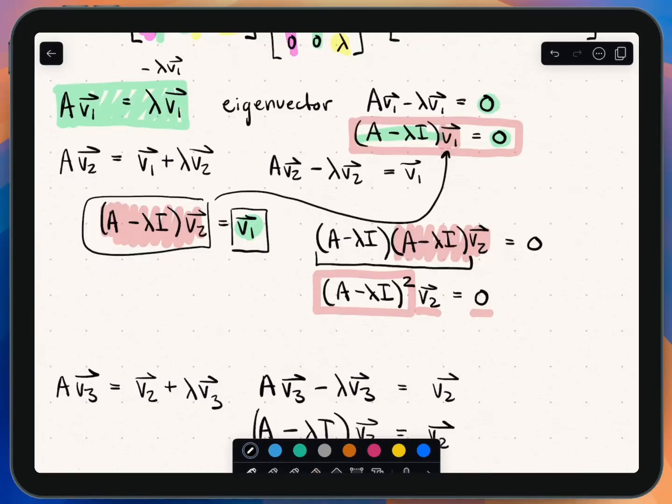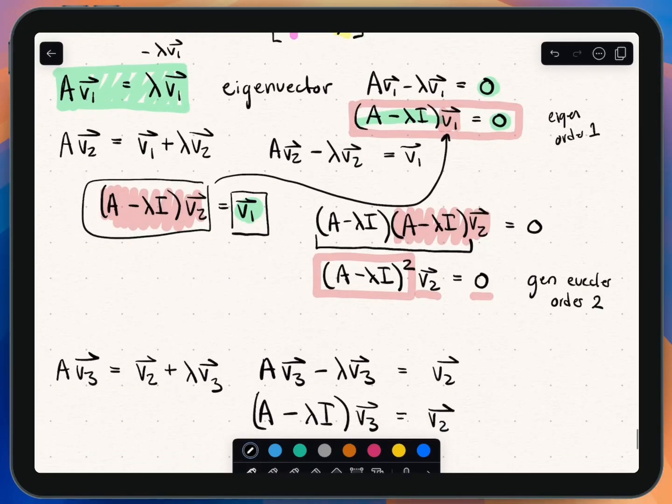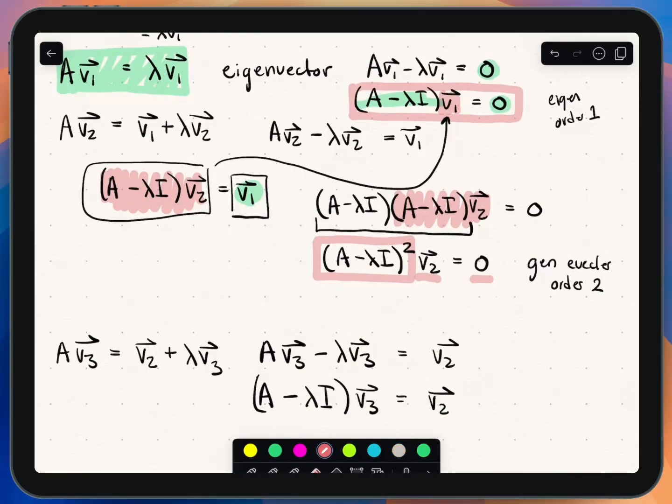So we're saying that this is a generalized eigenvector of order 2. Well, this would be an eigenvector of order 1. We're just looking at what power do we need to raise this A minus lambda I matrix to actually send this vector to 0.